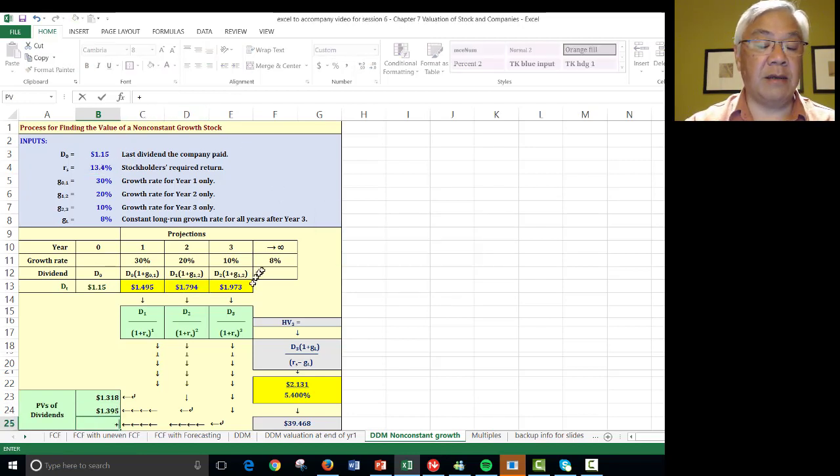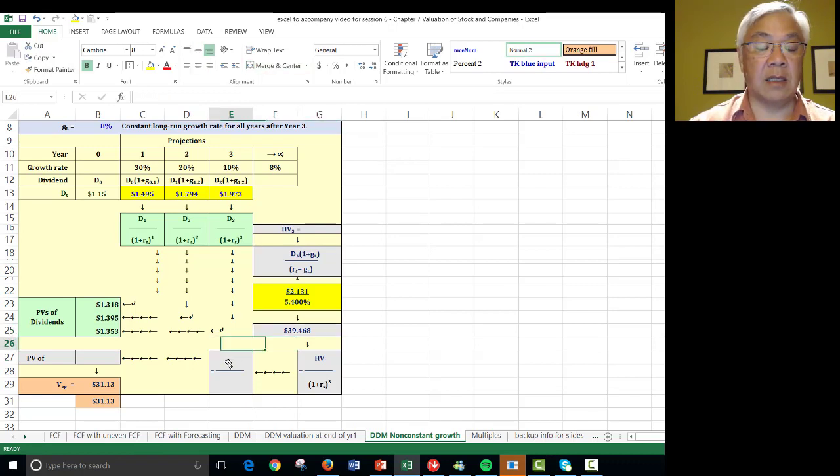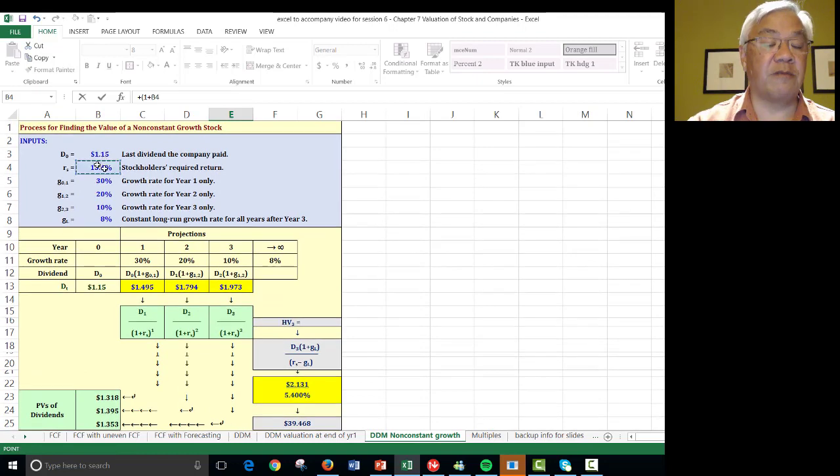Okay, next we take year 3 divided by, open parentheses, 1 plus required return, raised to third power. All right, and finally we take the horizon value, which is 39, and the factor is 1 plus the rate of return, 13.4 raised to the third power.